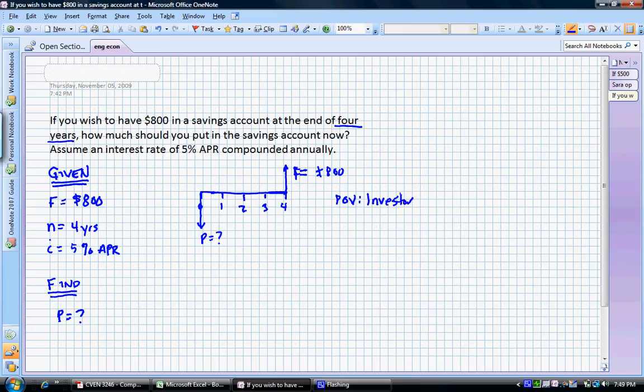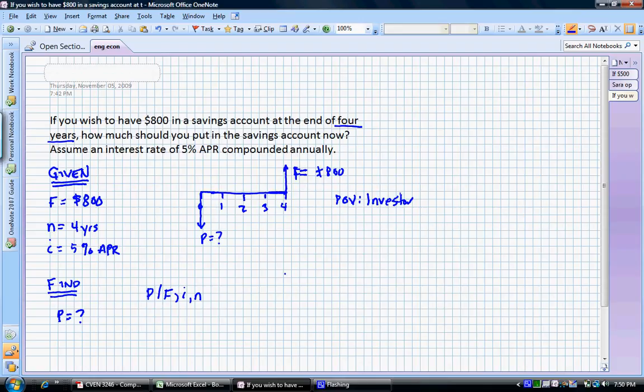So to find the appropriate factor and the appropriate formula for this problem, all we have to do is write out the notation here. So we are looking for P, and we're given F, I, and N. That means we're going to use the P/F factor. Okay, so let's start out using the equation, and then we'll use the factor and see if we get the same answer.